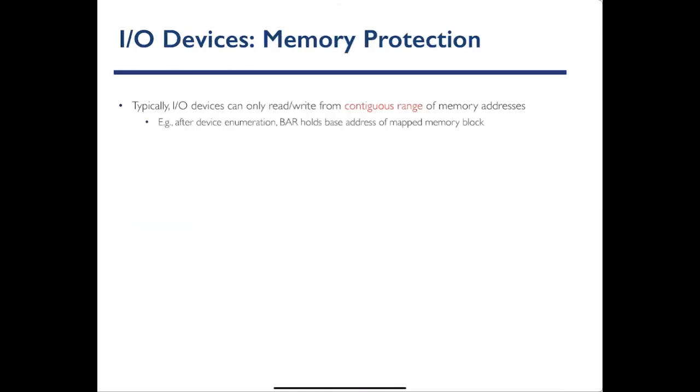So historically and traditionally, you had your I/O devices being allocated a contiguous range of addresses. And this was the case because you didn't want to have a lot of hardware implementation for your device. You just get a base address and then a range.